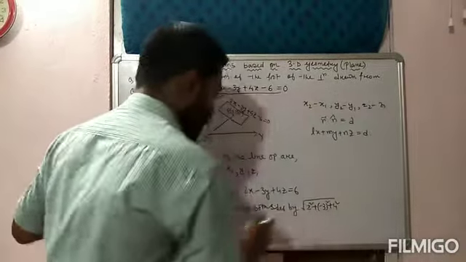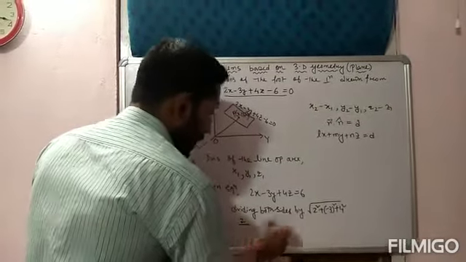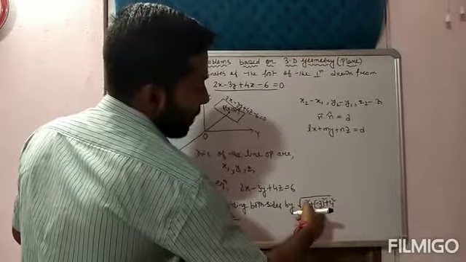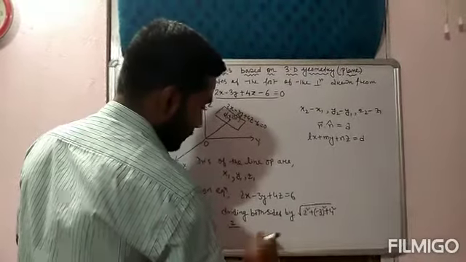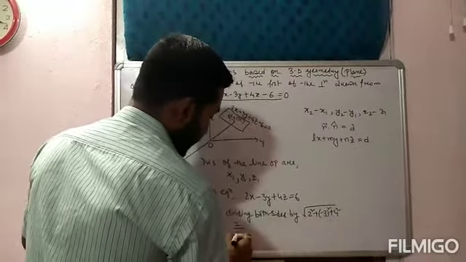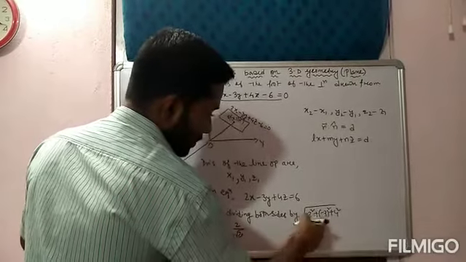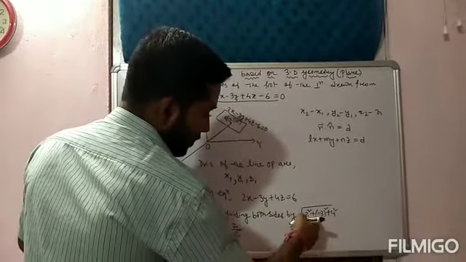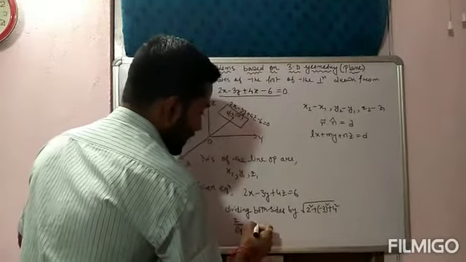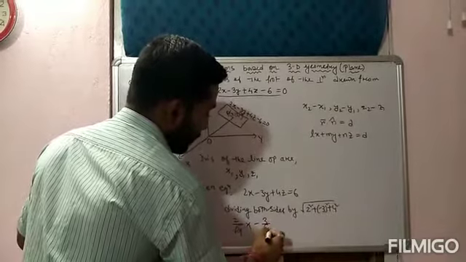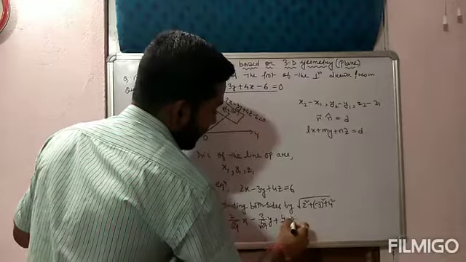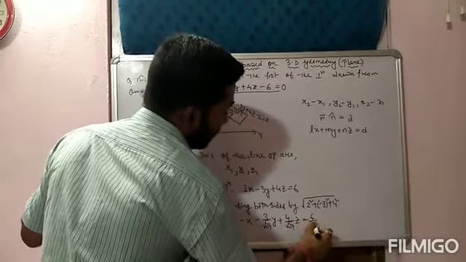Okay, so if you divide both sides like this, it will be 2 by root 29 x minus 3 by root 29 y plus 4 by root 29 z, this is equal to 6 by root 29.